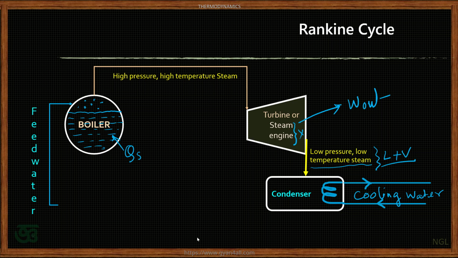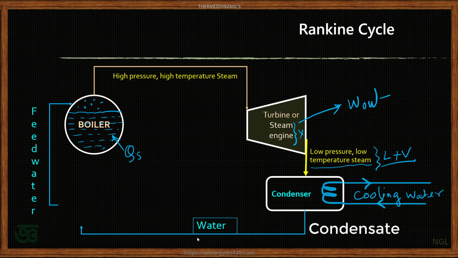As a result of this heat exchange, the low pressure, low temperature steam is converted to water, which we call the condensate. Now this condensate is sent to the boiler, and is also called the feed water.